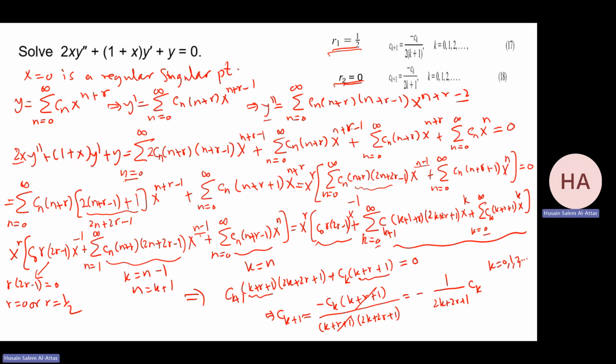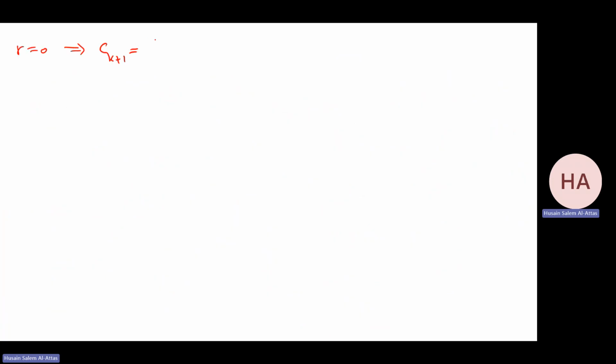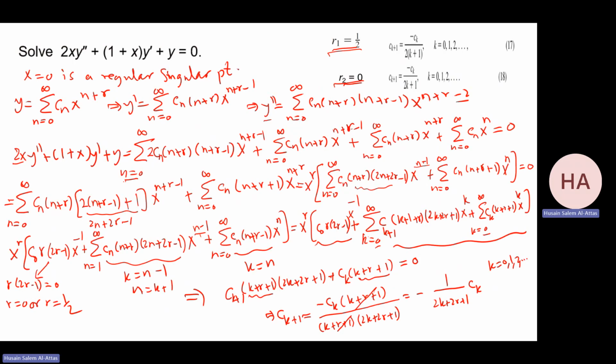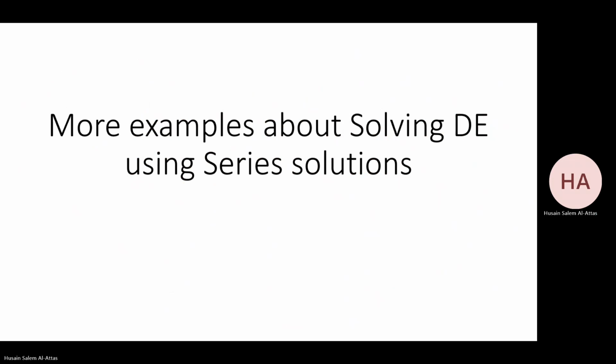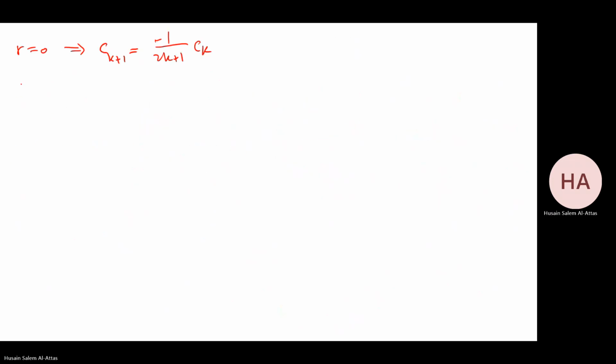Take r equals 0. I'm getting c_{k+1} equals minus 1 over (2k plus 1) times c_k. By the way, c0 is arbitrary. Now k runs from 0, 1, 2, 3, and so on.